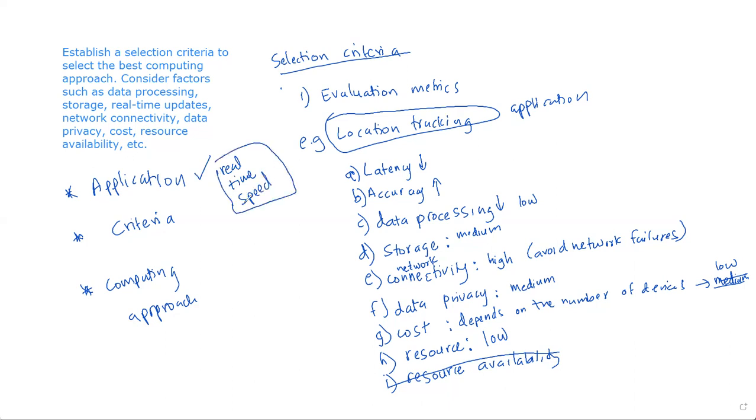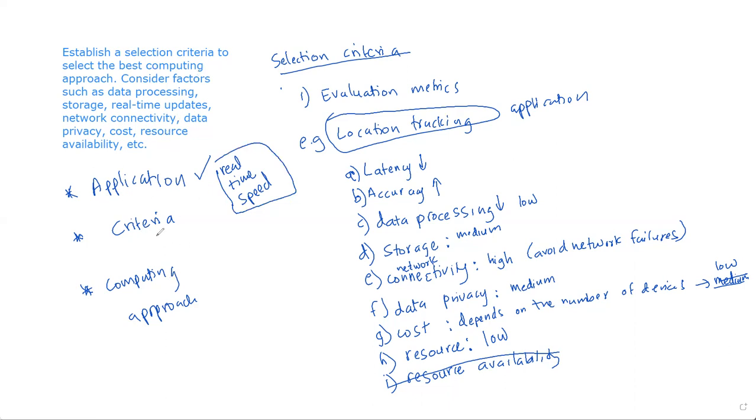Based on that, then you need to decide, in order to implement that application, what are the critical things you need to maintain in your performance? What are the criteria that you need to maintain? So the criteria you can decide based on several factors.